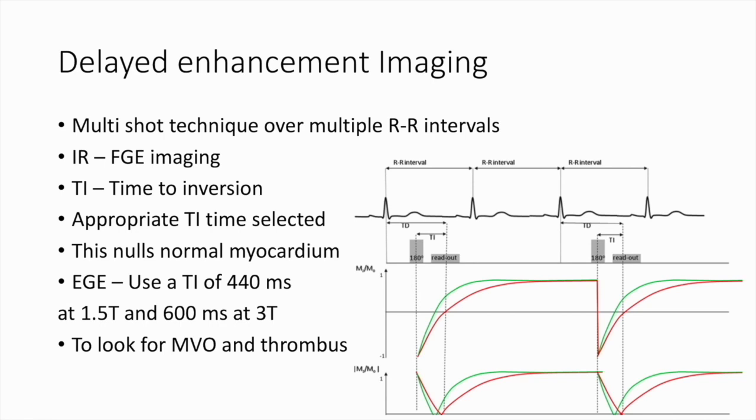Early gadolinium enhancement images use a fixed TI of 440 milliseconds at 1.5 Tesla and 600 milliseconds at 3 Tesla. They are used to look for microvascular obstruction and thrombus. In the image here, the TI time is selected such that the readout happens at the time of nulling of the normal myocardium.